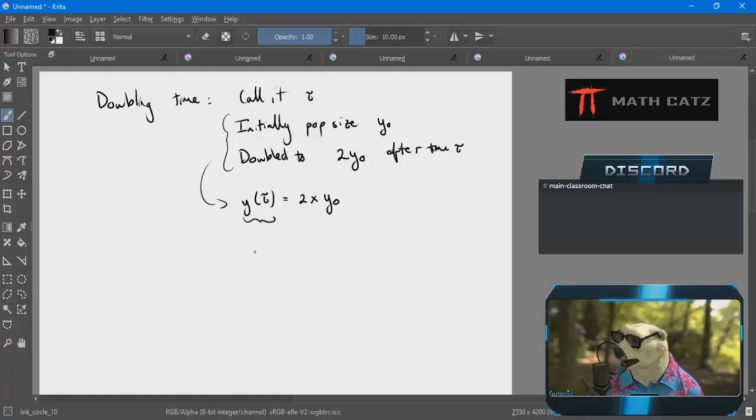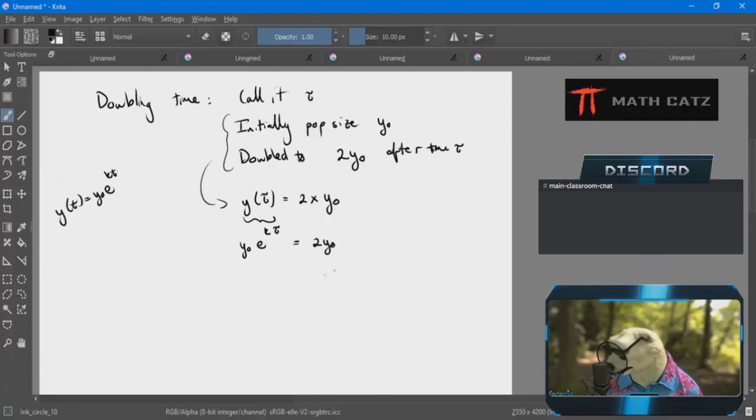I can then simplify the left-hand side because I know the function. The function is my exponential growth function, y0 e to the k t. So now for this specific time value that I'll just call tau, to remind myself it's a specific time value, I have y0 e to the k times tau equal to 2 times y0.